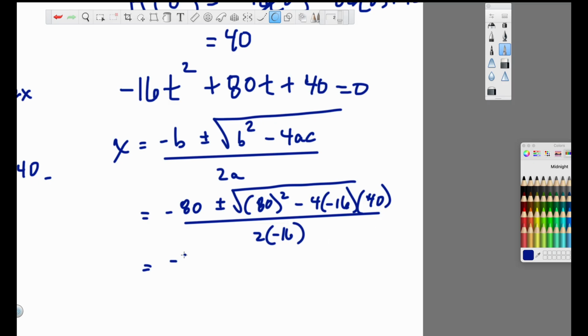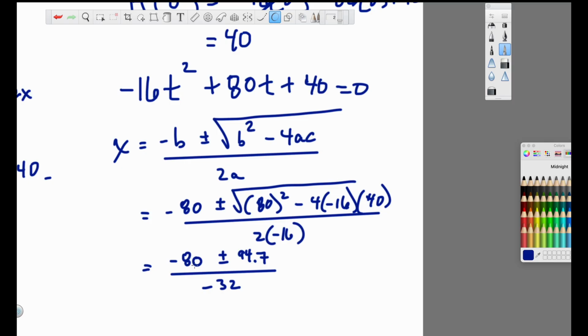So that's going to give us negative 80. Now, if we put the square root part in our calculator, we end up getting plus or minus 94.7, all over negative 32.